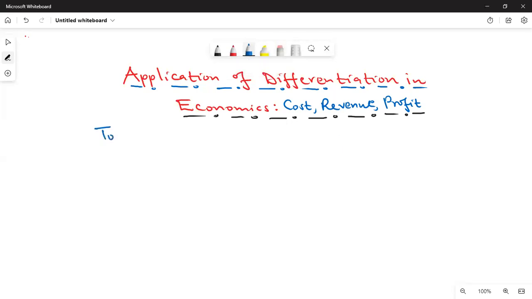When we talk of total cost, which we are going to denote by C of X, I'll denote that by C as a function of X, C of X. This is equal to the variable cost plus the fixed cost. Now, fixed cost is a constant.